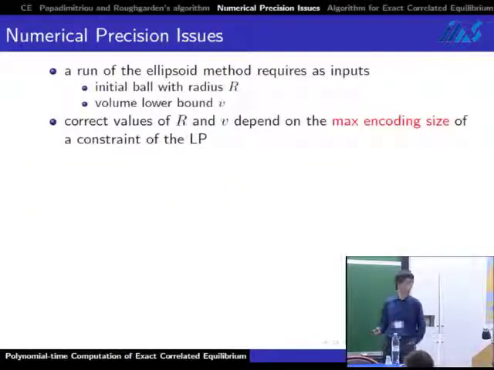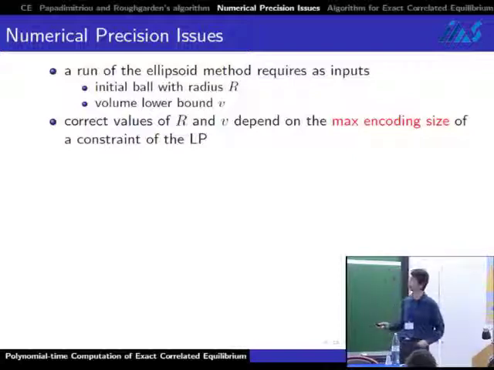So more serious are the certain numerical issues.